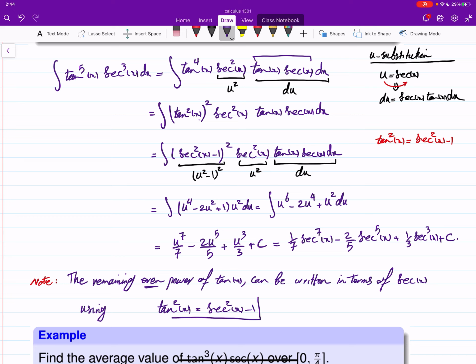So that is the step we have. And if you know these two steps, it's done.